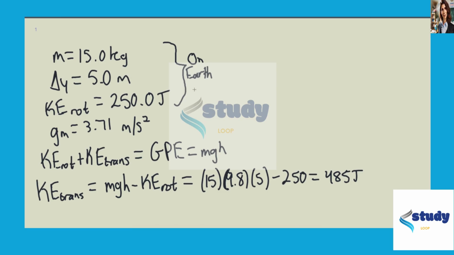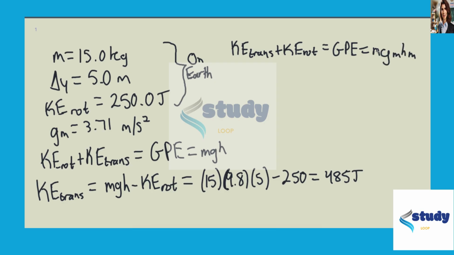and we were able to find it on Earth because we have all of our givens on Earth, and then they're saying how far must it fall in order for it to have the same amount of translational kinetic energy. So we should say that the kinetic energy translational plus kinetic energy rotational equals GPE, and this time we should say mg_m h_m.